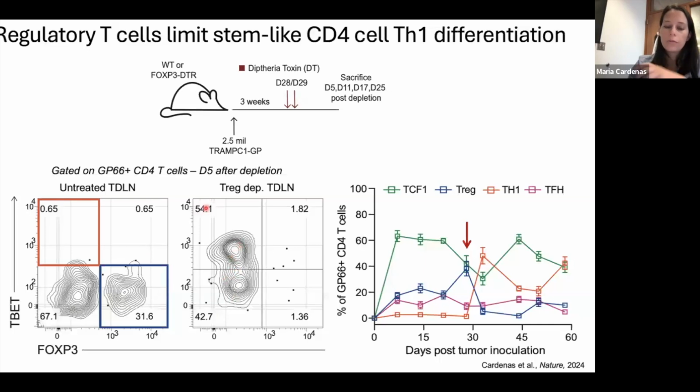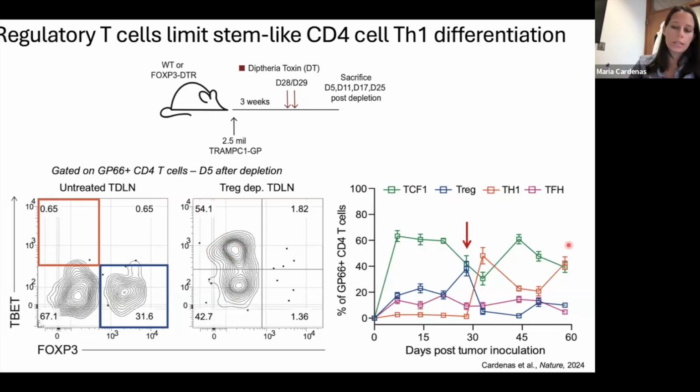The stem-like CD4, and I'll confirm this for you in many ways, gives rise to these Th1 populations within this draining lymph node, and that's also true for the tumor. And so we get a huge change in the differentiation trajectory of these cells right after Treg depletion.